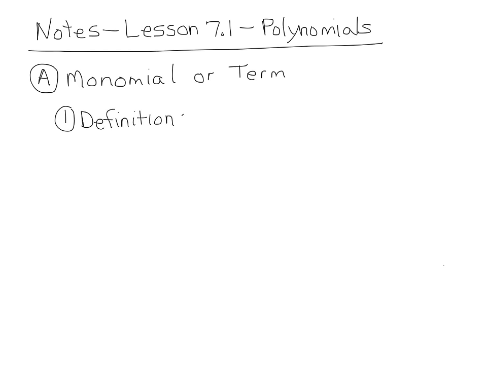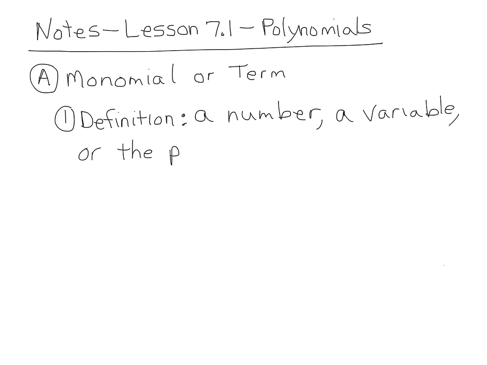Okay. A monomial could be a number. It might be a variable. Or it might be the product of a number and variables, or maybe just one variable.